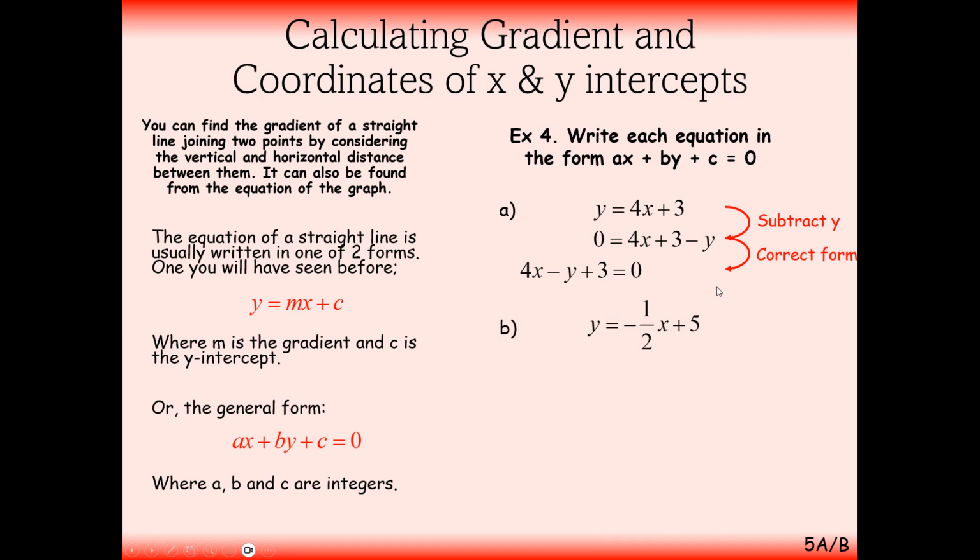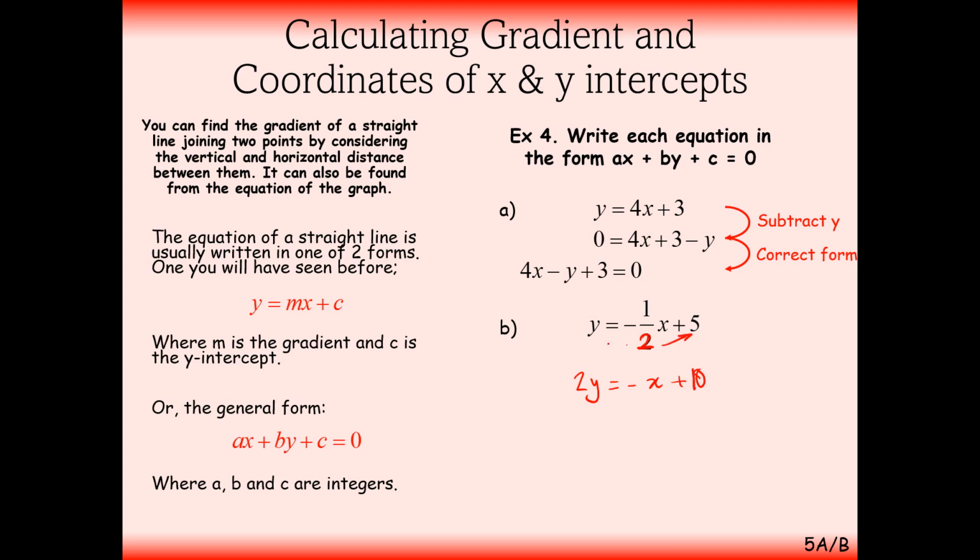Alright, so now here's a fraction. I told you you might have a fraction that you have to deal with. First you need to make it a linear equation by multiplying by 2. So we'll get 2y equals negative x plus 5. Actually, this 5 also needs to be multiplied by 2.